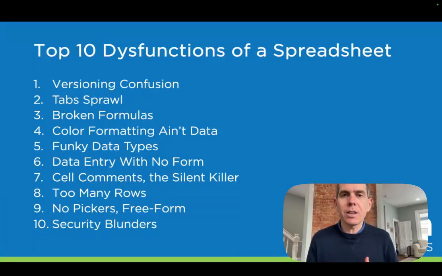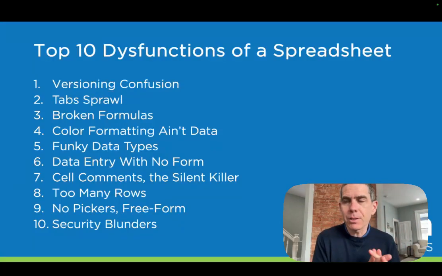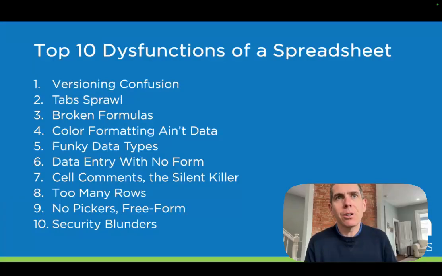Better certainly if it's inside of SharePoint, or better if those Google Sheets are organized into very controlled and very clearly labeled Google Drives that handle the security. However, they just seem to have a tendency to spread out some information that maybe others didn't really intend to share. So it's more the inadvertent blunders than it is the inherent risk of a spreadsheet that brings it onto our top 10 list.